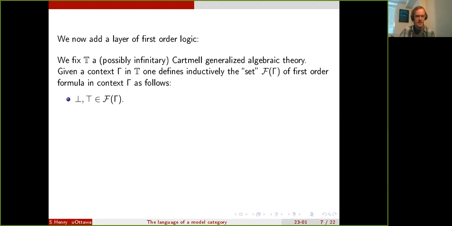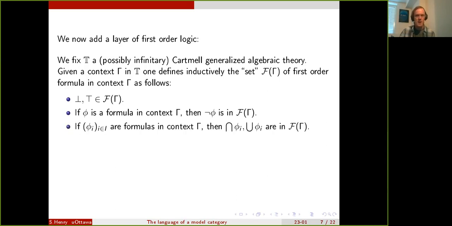And so the base case is that true and false, which I denote by these top and bottom elements, are formulas in any context. If you have a formula in context gamma, then the negation is also a formula in context gamma. If you have some families of formulas in context gamma, then their infinite conjunction and disjunction are also formulas in context gamma. So I'm allowing for infinite disjunction and conjunction.